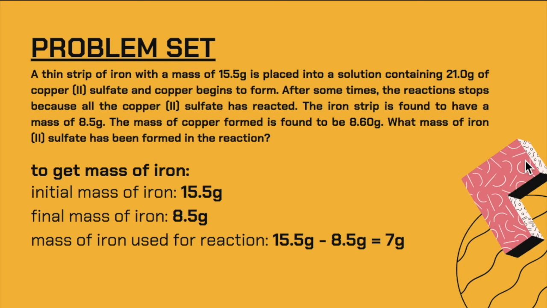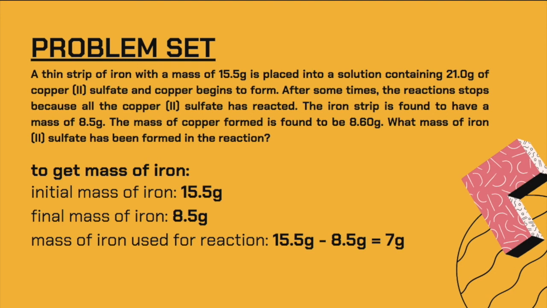Okay, so our excess here is the iron strip. So we have an excess of 8.5 grams. So in actuality, the reaction only used 7 grams of the iron for the whole chemical reaction.